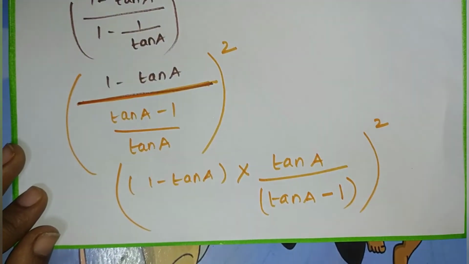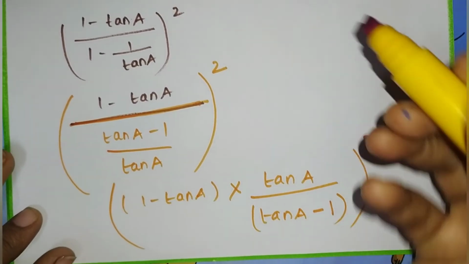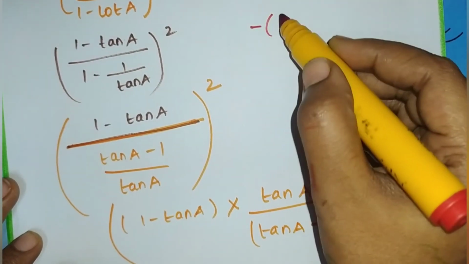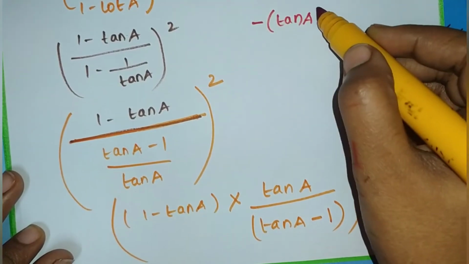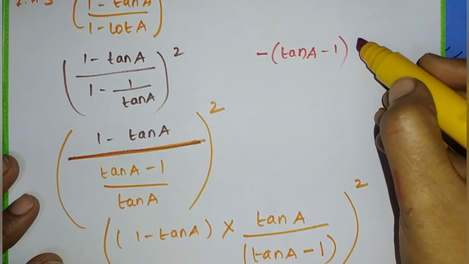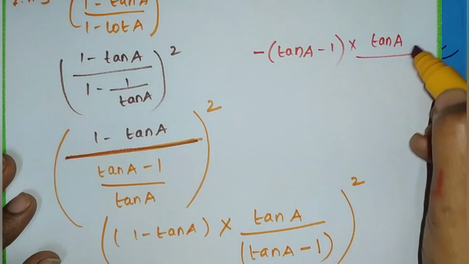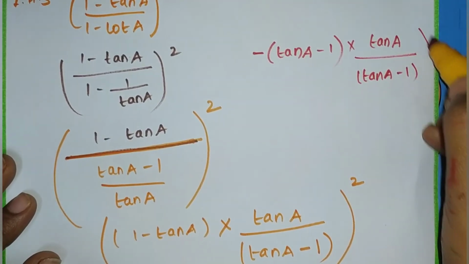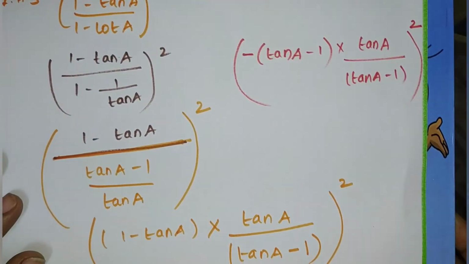That only I am going to do here. So I am going to take a negative sign outside. Then negative will be positive and positive will be negative. Write the remaining as it is, that tan A divided by tan A minus 1, the whole square.